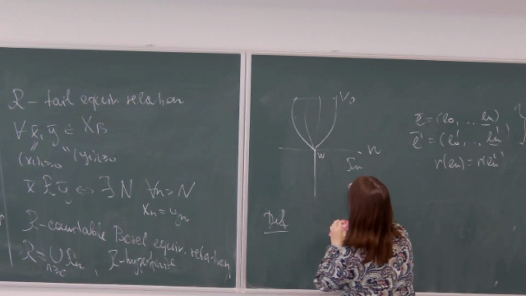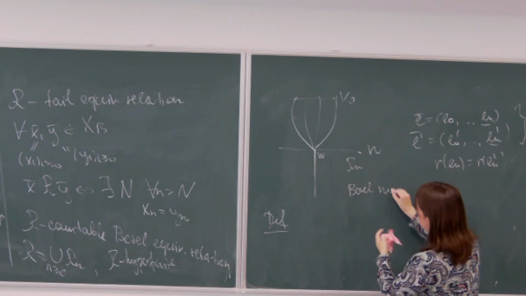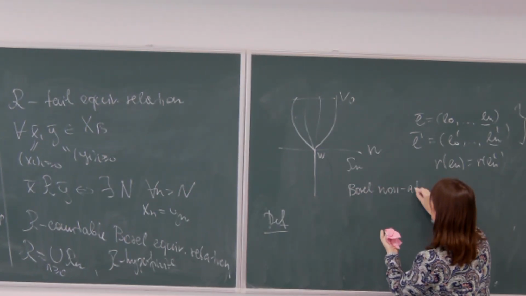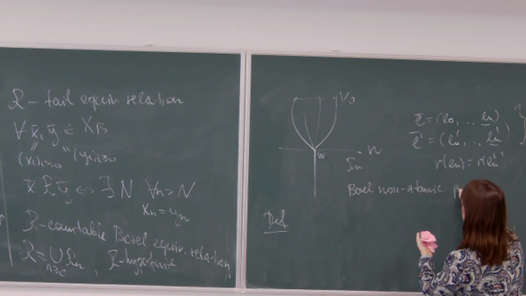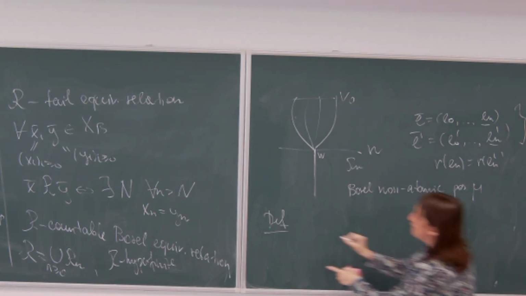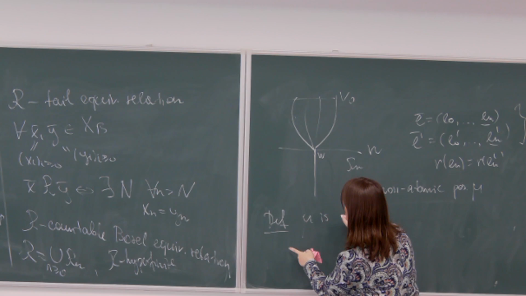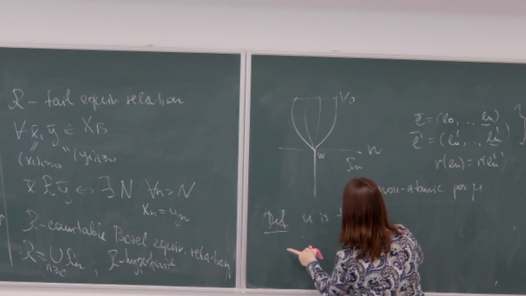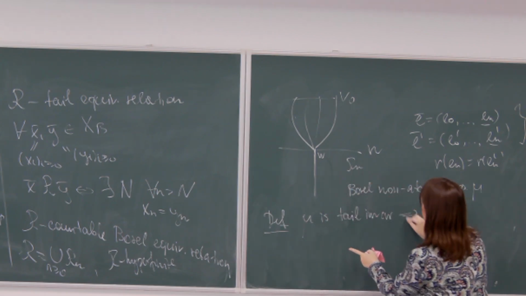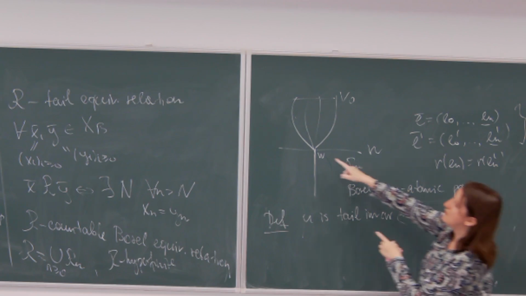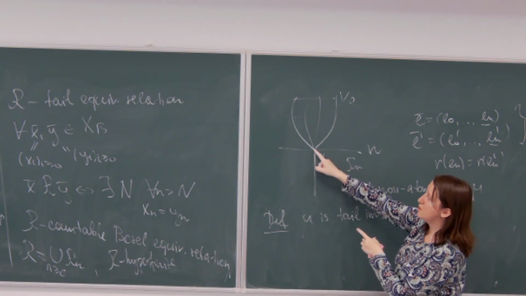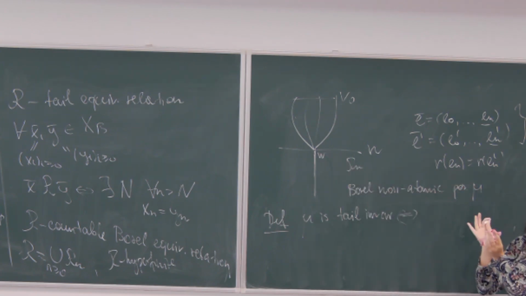So we consider always Borel non-atomic positive measures, and the measure mu is tail invariant if and only if for any two cylinder sets which end at the same vertex, their measures are the same.